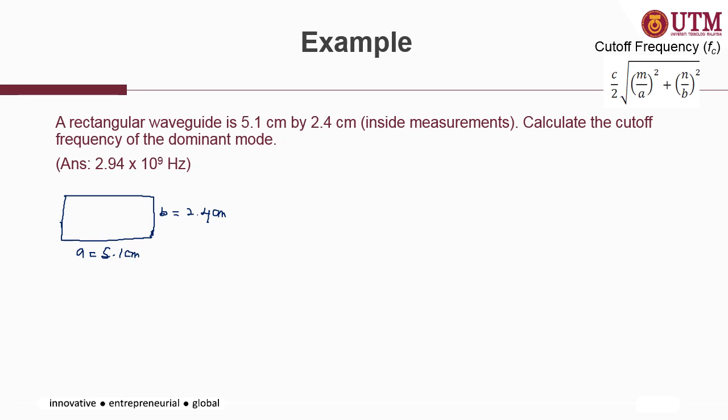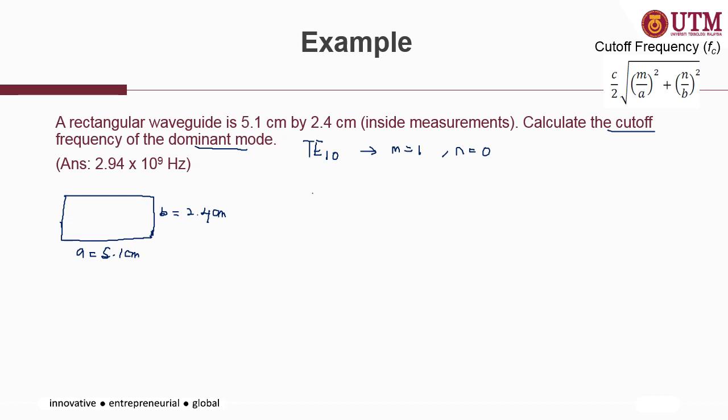Then calculate the cutoff frequency of the dominant mode. For a rectangular waveguide, the dominant mode will be TE10, so your m will be 1 and your n will be 0. To calculate the cutoff frequency, you can refer to the equations from the table or the appendices.